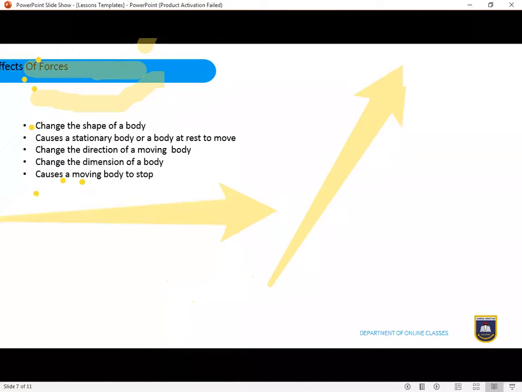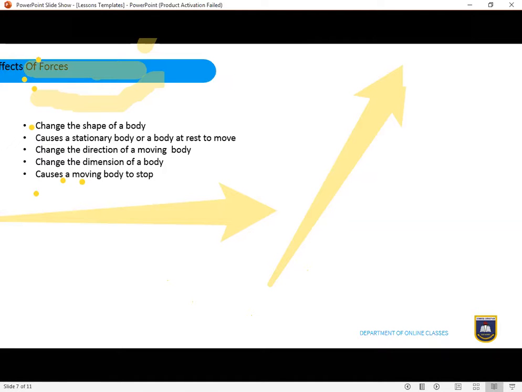So you've changed the direction of this moving body. It was moving in this way, and I apply the force towards my front like this. It begins to move in that direction in which I pushed it. So the force changes the direction of a moving body.